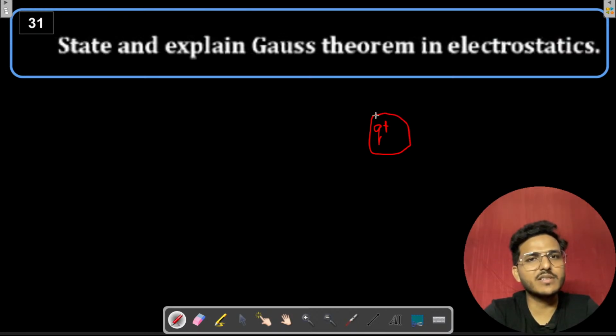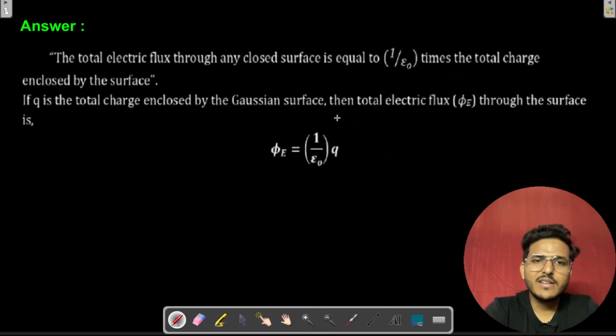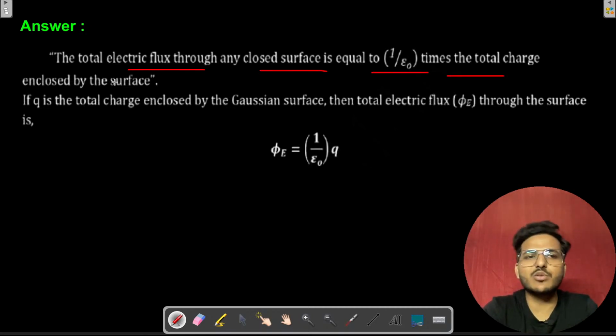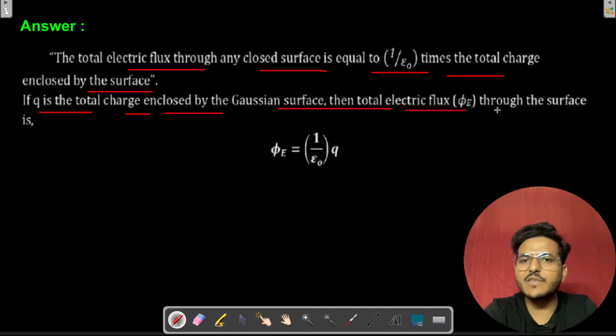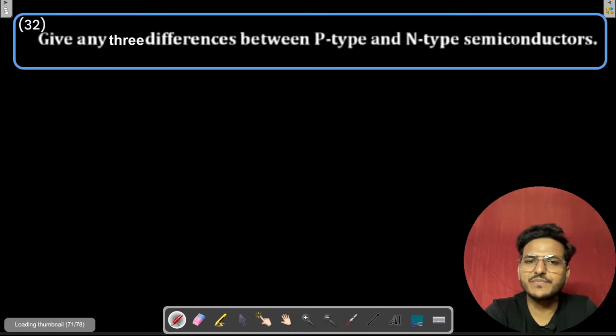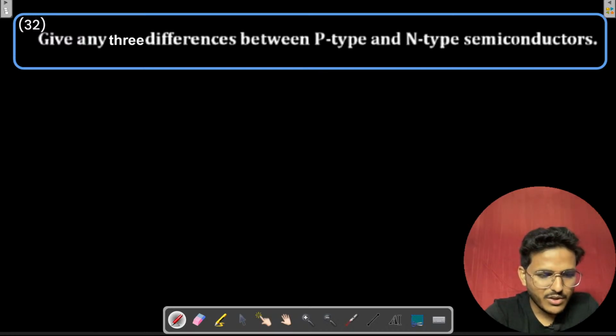Then the total flux emerging from this Gaussian surface is 1 upon epsilon naught times Q, the total charge present inside. The total flux through any closed surface is equal to 1 upon epsilon naught times the total charge enclosed by the surface. I know everyone knows the derivation of the Gauss theorem.